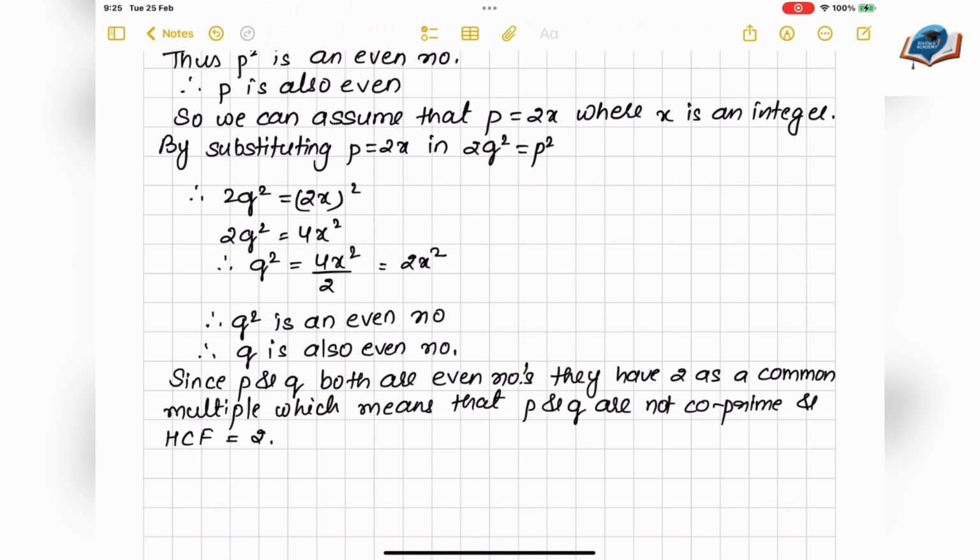But this is a contradiction. Therefore, root 2 is an irrational number.